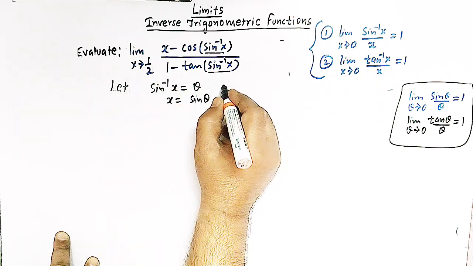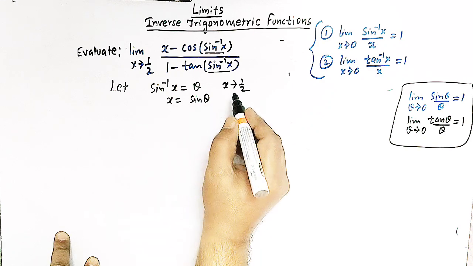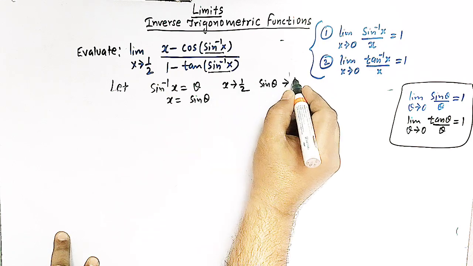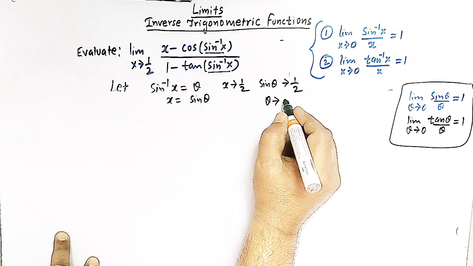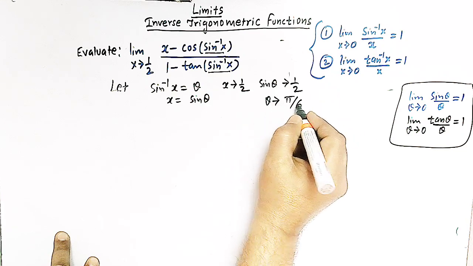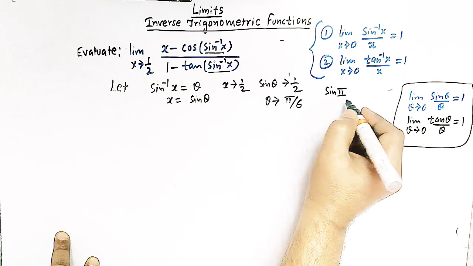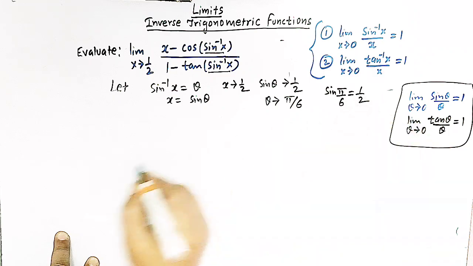Now here x tends to half, right? So when x tends to half, then sine theta tends to half, and it implies that theta must tend to pi over 6, because sine pi by 6 is equal to sine 30 degrees, that is half, right?